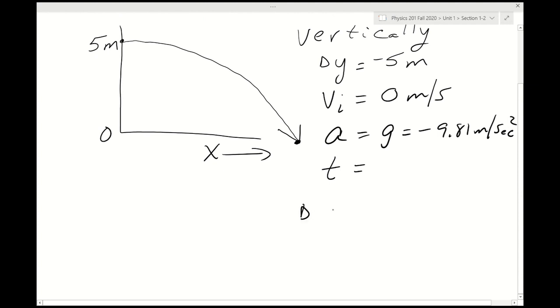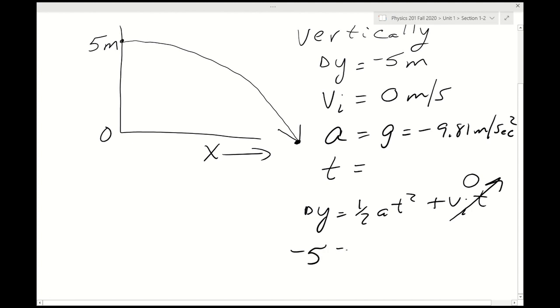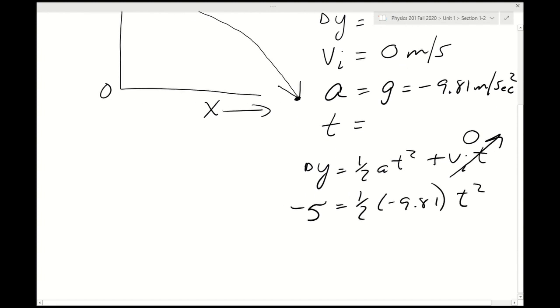If I do delta y is 1/2 at squared plus v_i t. Since my initial speed vertically is 0, this term is gone. Then this tells me that a negative 5 is equal to 1/2 negative 9.81 t squared.